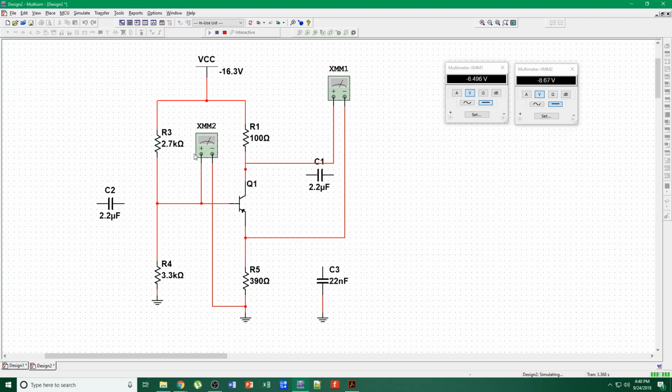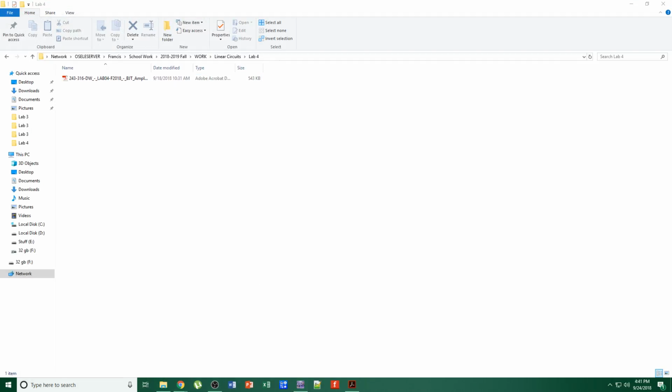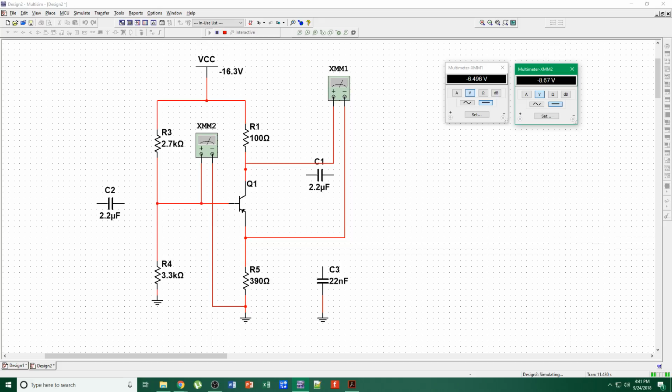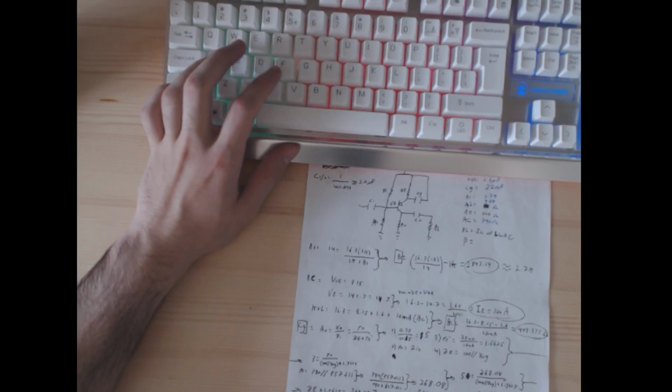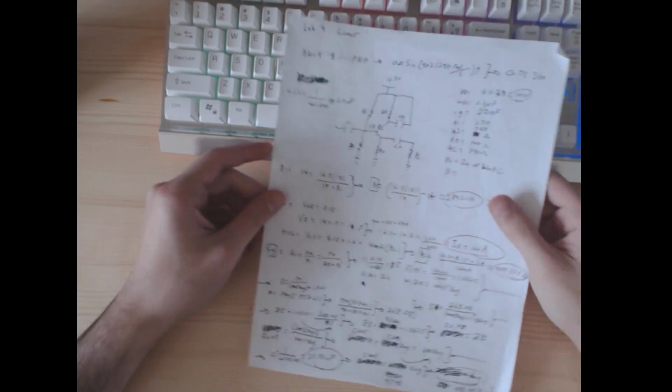This is too low, that's too low. I had set that to 14. I mean, are my numbers wrong? There is a possibility that they're wrong.